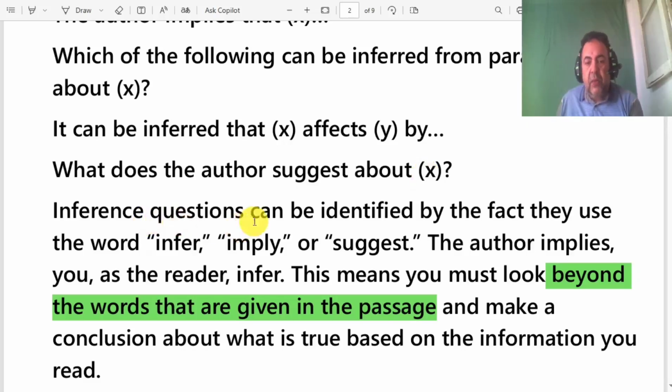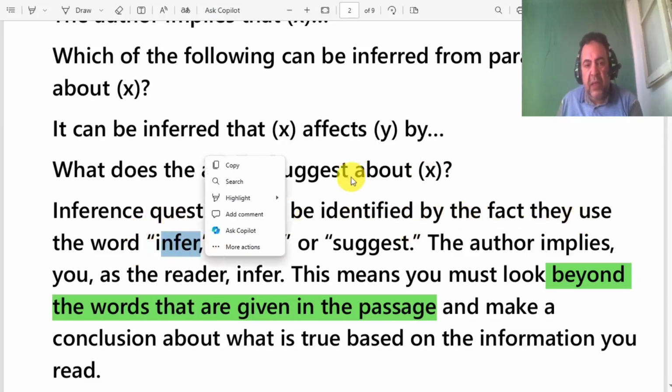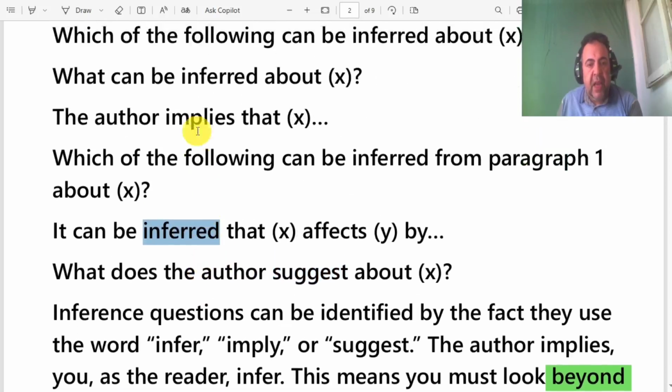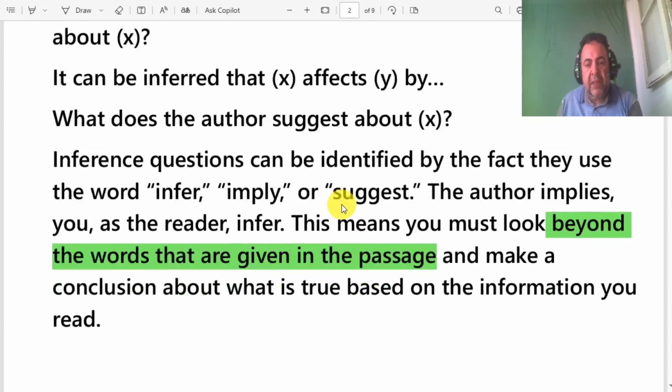An inference question can be identified by the use of the word infer, as we said here, or the words suggested, inferred, implies. All these verbs can show up in the exam. The author implies, as a reader infers. This means you must look beyond the words that are given in the passage. And this is a very crucial and important point here.